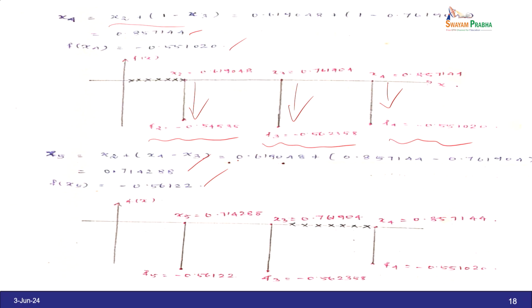Therefore, f of x5 equal to minus 0.56122. Now, compare them. x5 got it, x3 got it, x4 got it. x5 corresponding f5 is minus 0.56, x3 corresponding f3 is minus 0.56, x4 corresponding f4 is minus 0.55.